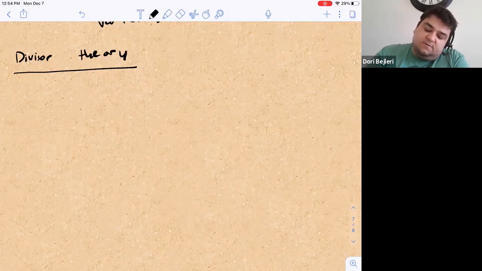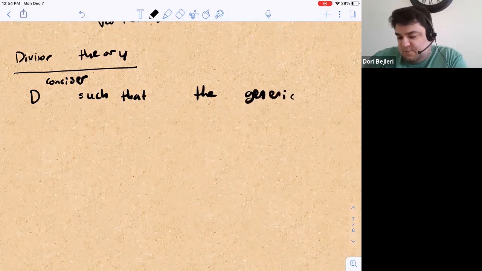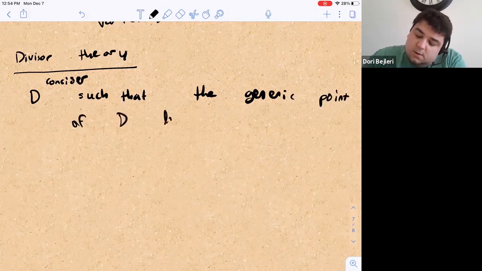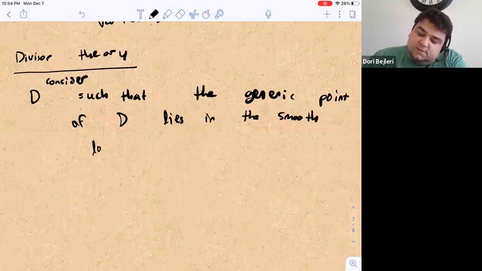We need to look at divisors D. So we consider D such that the generic point of D, or let's assume it's a prime divisor, so D is irreducible, lies in the smooth locus of X.